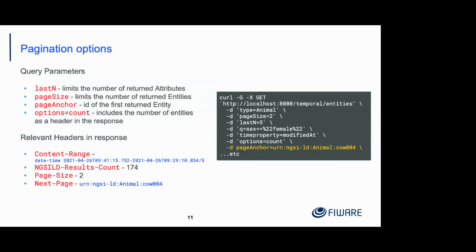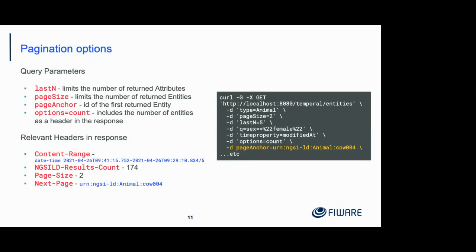Just look at the query parameters, and these are the ones for the pagination options specifically for temporal. We will see that you've got last n, page size options and options count. The last n, as I said, is usually last 5, and so on. Page size is more interesting in that the others start giving you additional headers.